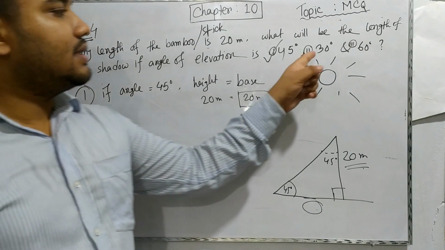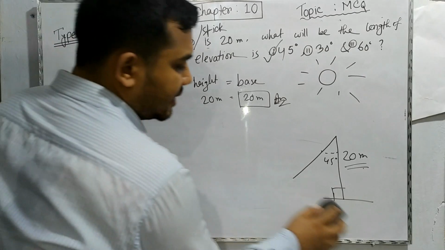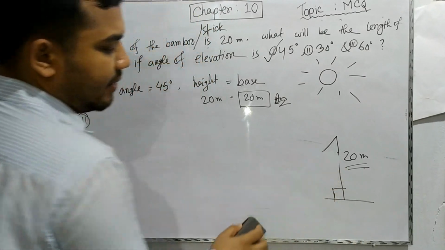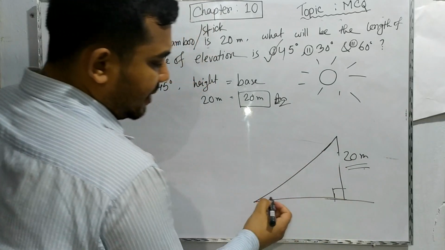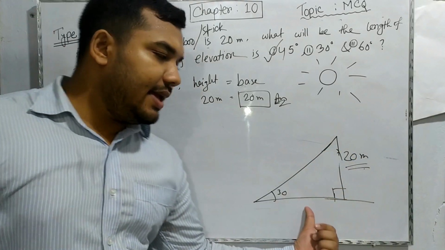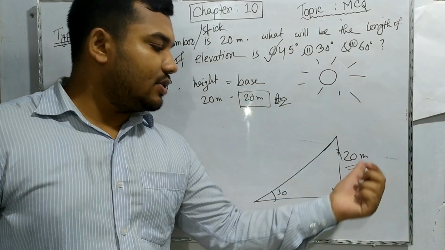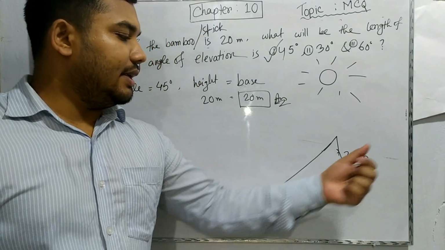The second question says, what will happen if the angle of elevation is 30 degree? And we know if it is 30 degree, then the base must be increased, or must be greater than the height.